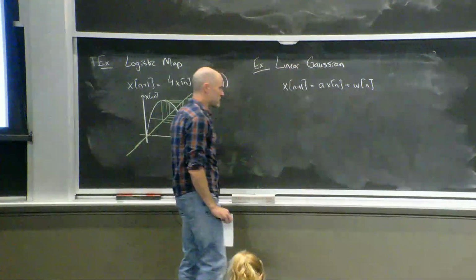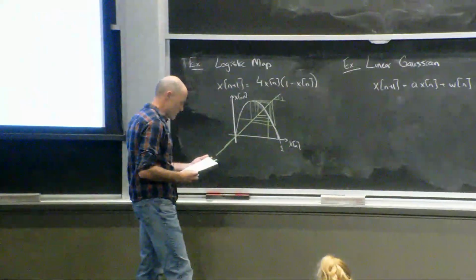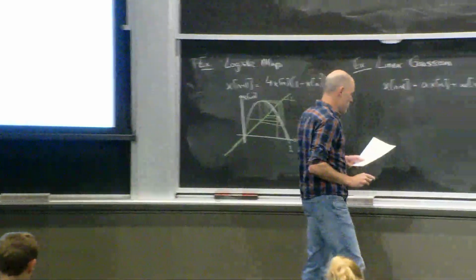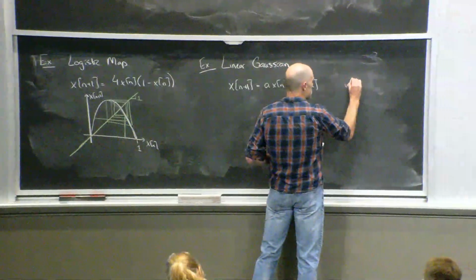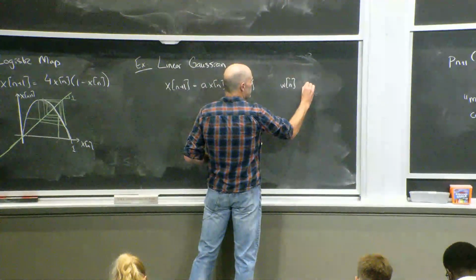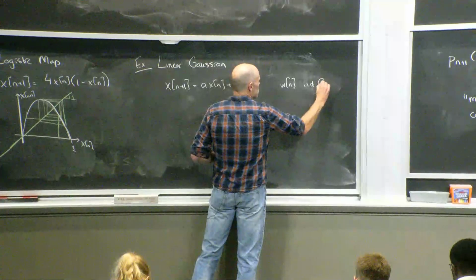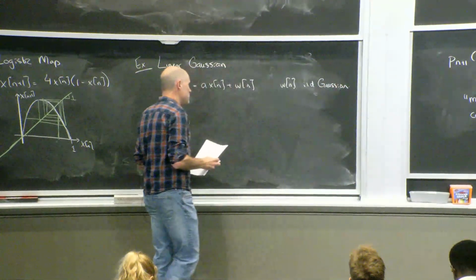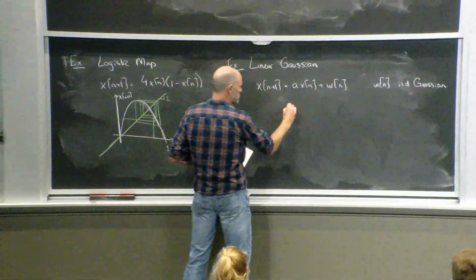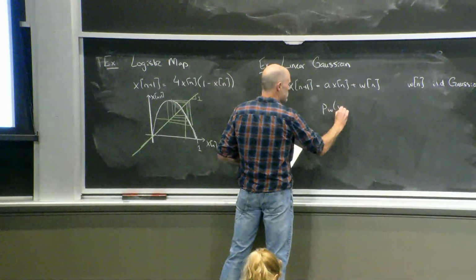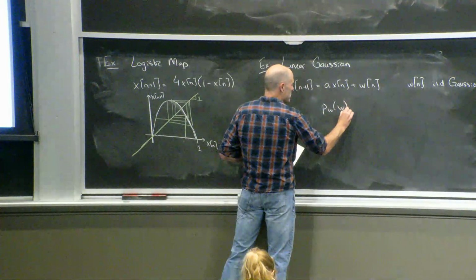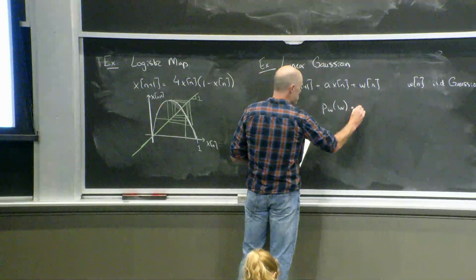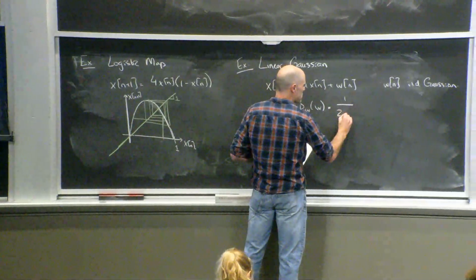You can do the matrix case, of course, but I'll keep it simple and do the scalar case. I'll say that W is IID Gaussian, which basically just means, using the notation here, that my density function is just my standard Gaussian.